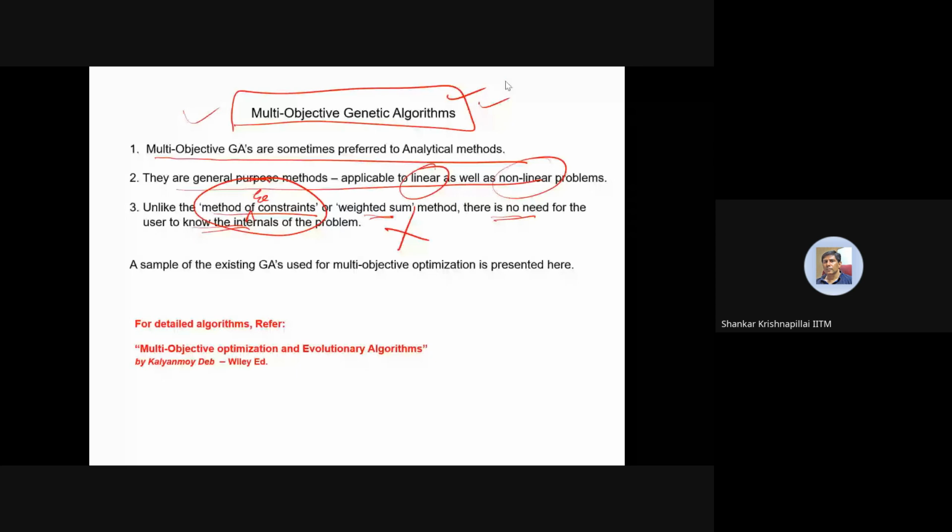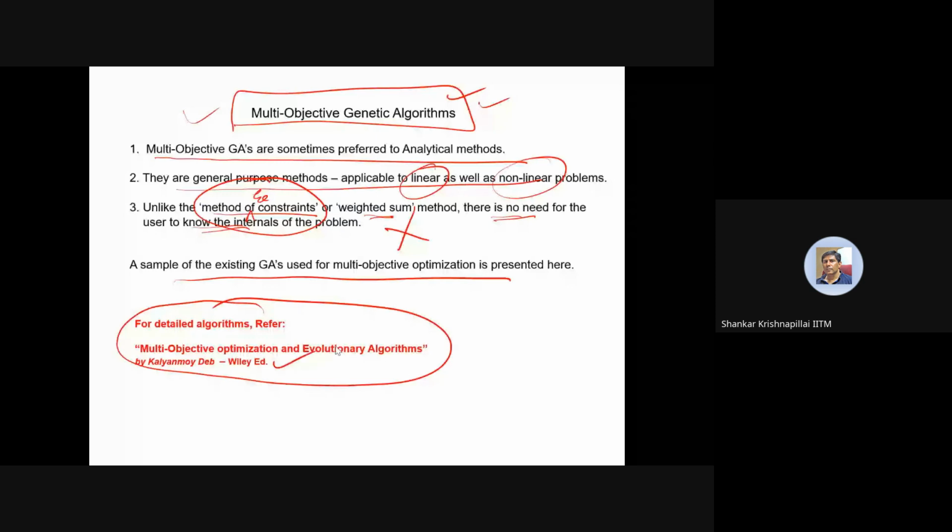The sample of existing genetic algorithms used for multi-objective optimization is presented here. All of this I have taken from the book Multi-Objective Optimization by Kalyanmoy Deb. It is a very tough book, and I have simplified all the algorithms with some schematic diagrams.